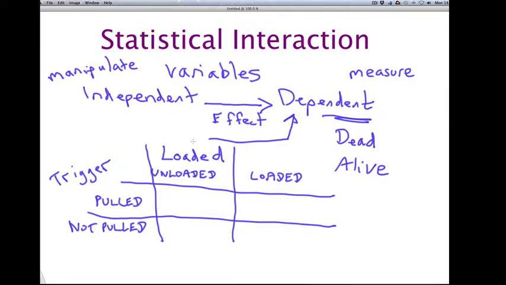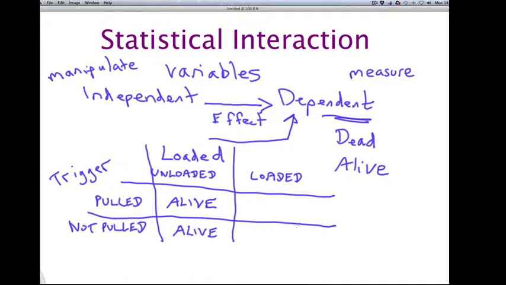So let's start with looking at the unloaded gun column. We know that if someone is alive and you point an unloaded gun at them and don't pull the trigger, then they'll still be alive afterwards. But equally, even if you pull the trigger, because the gun is not loaded, they will still be alive.